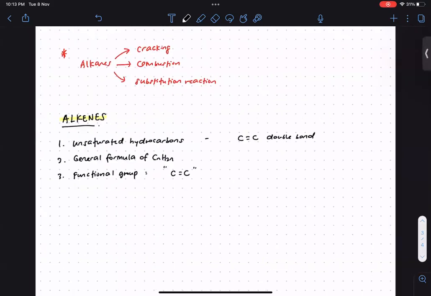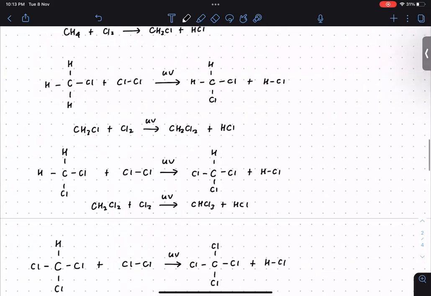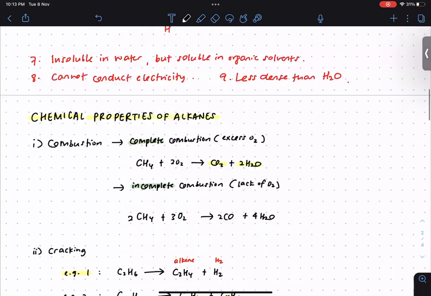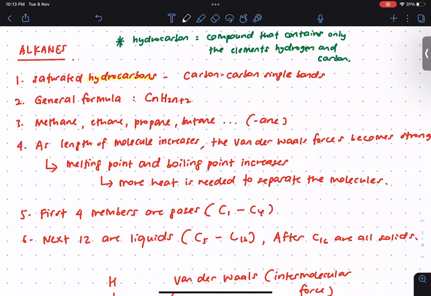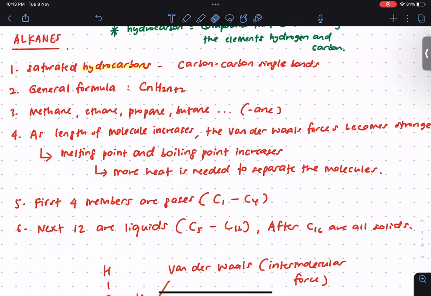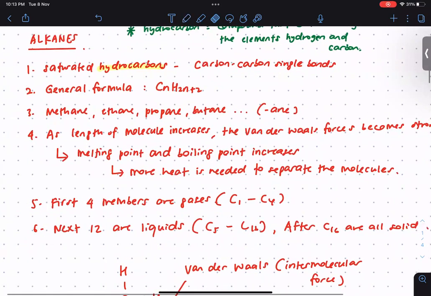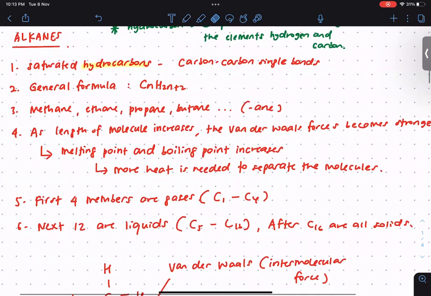For the alkanes, it's the same properties as the alkenes, except for the states of matter and also the naming system.